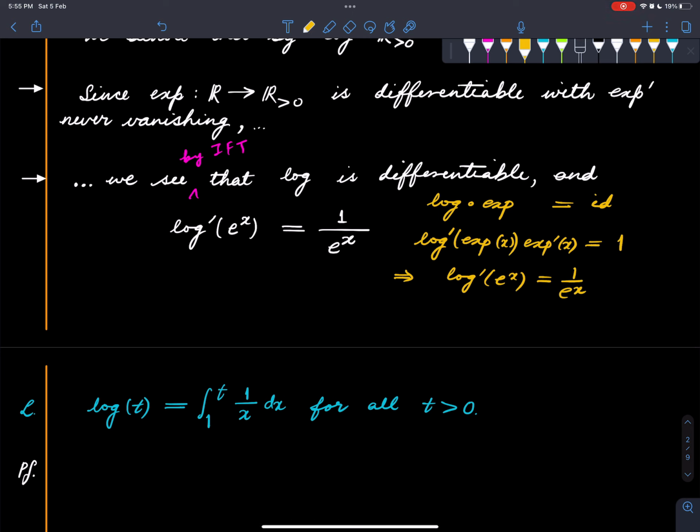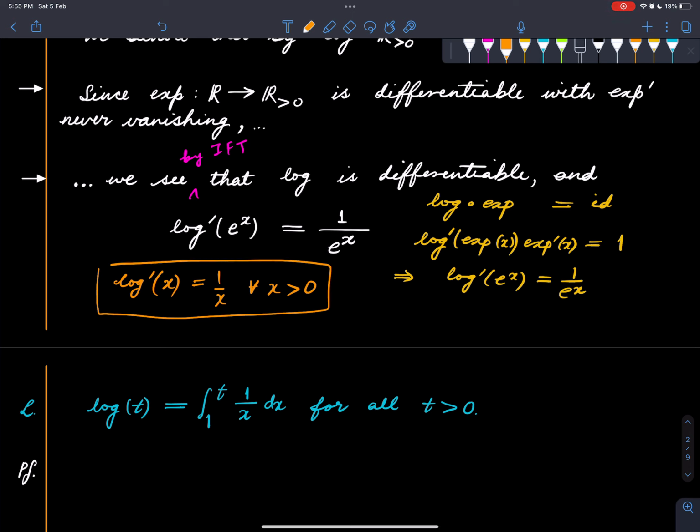But what this really is saying is that log prime of x is 1 by x for all positive x, because every positive real number can be written in the form e to the something. This is a very simple fact, and since we can calculate the first derivative of log in this very nice way, we can calculate all derivatives.